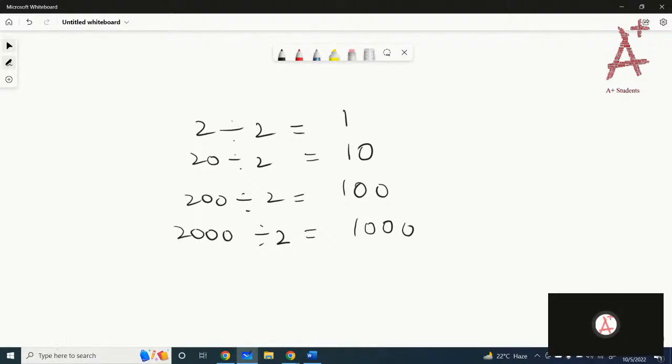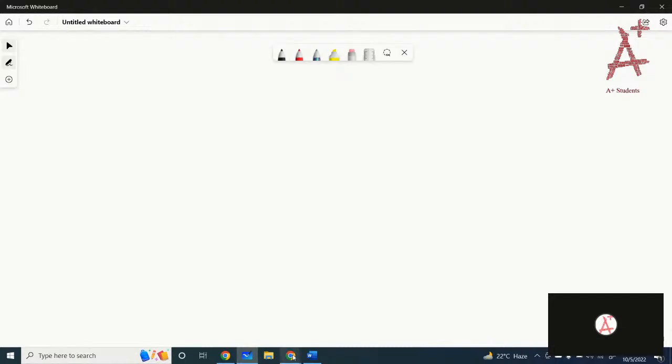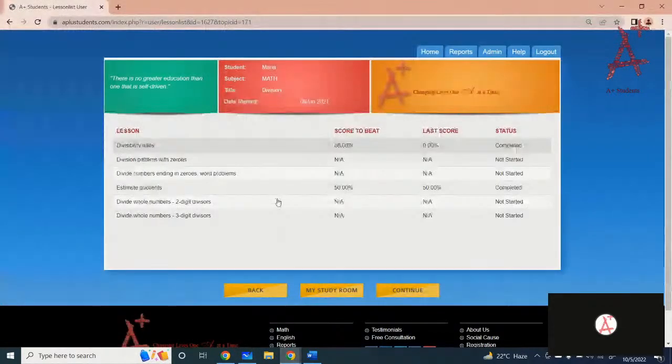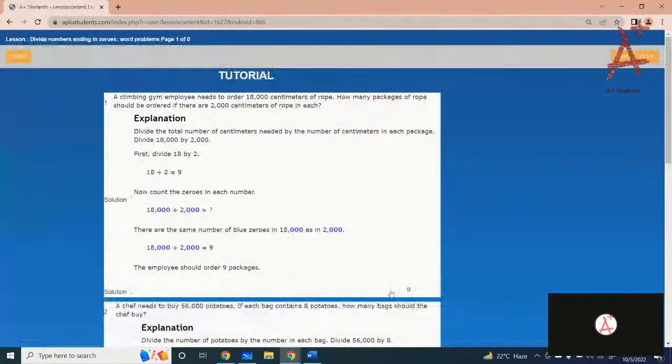Okay, let's start with the next topic, that is divide numbers ending in zeros word problems. Okay, let me read the first question.